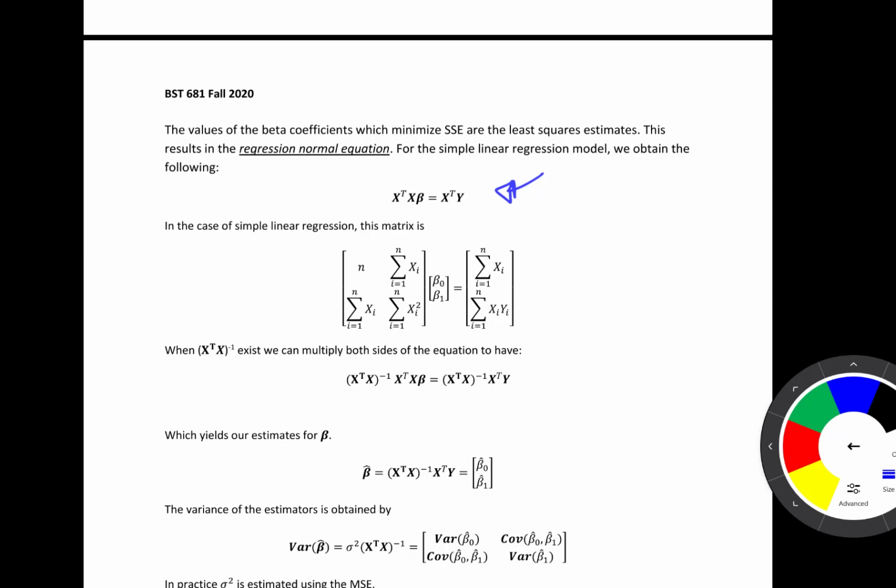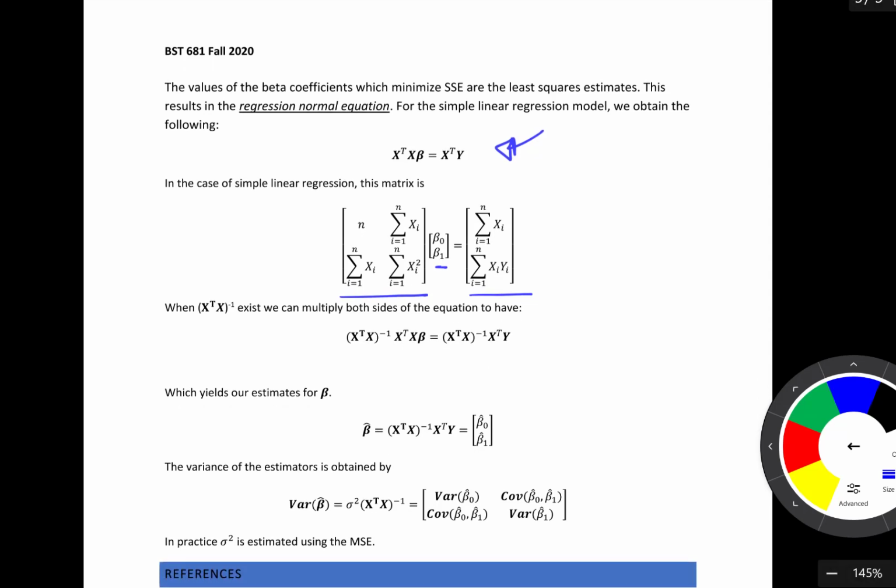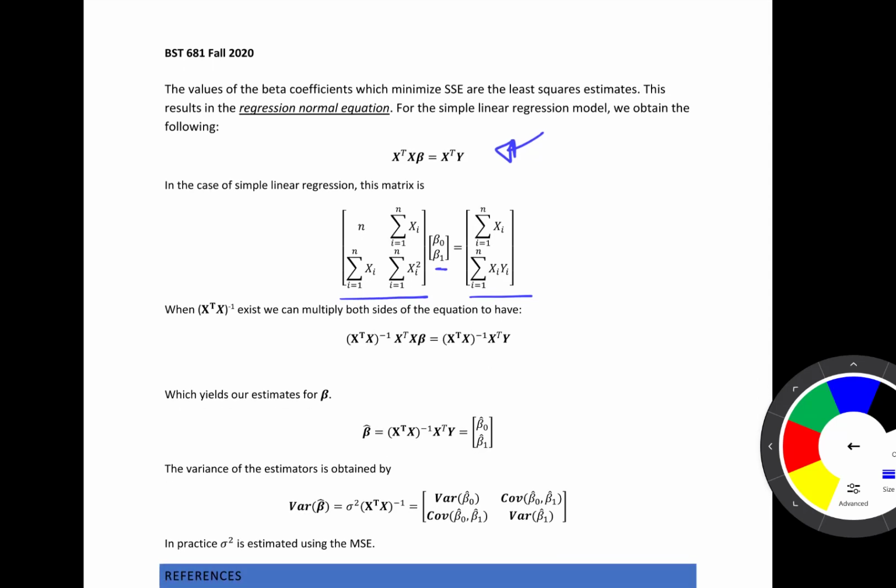Notice here we have the X transpose X, we have the beta, and we have the X transpose y. Well, we just found the inverse. The reason that we need the inverse is, notice what we would like to do is get beta by itself here. Well, there is no division with matrices. Instead, recall that the inverse of a matrix times the matrix is equal to the identity matrix.